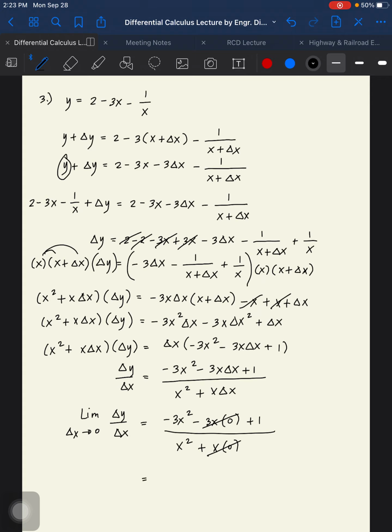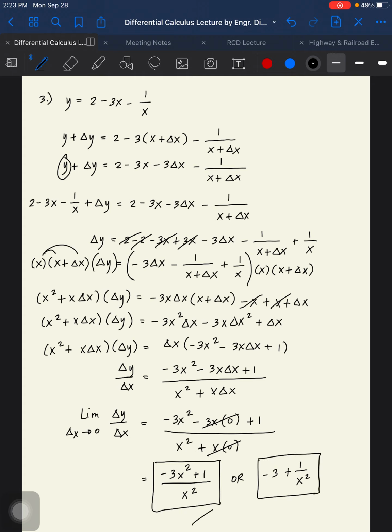The final answer here is negative 3x squared plus 1, all over x squared. You can have this answer, or you can have negative 3 plus 1 over x squared. So again, you can have two answers, but they are still the same.